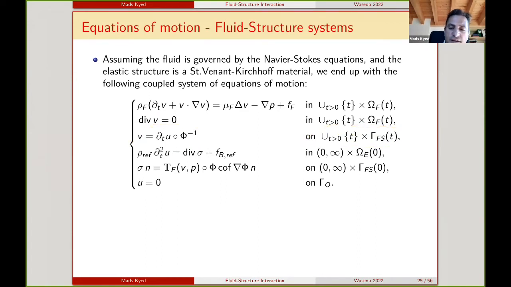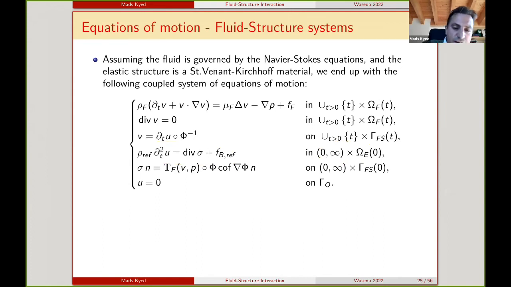And in the elastic material, we have the equations of motion based on the first Piola-Kirchhoff stress tensor sigma. So this is in the reference configuration. Now I have made here the assumption that the reference configuration is the domain occupied by the material at time 0. Then it's a bit easier to write the equations. But in fact, mathematically, you don't need to make this assumption.